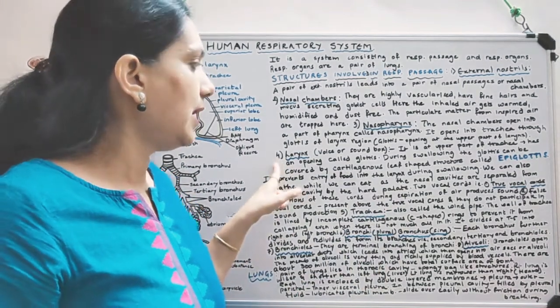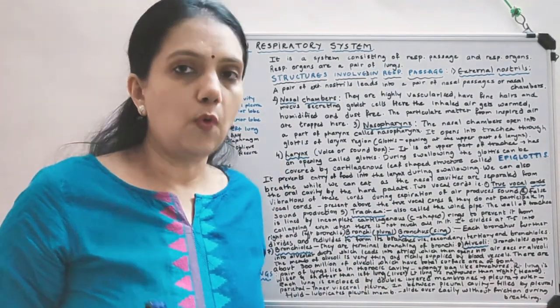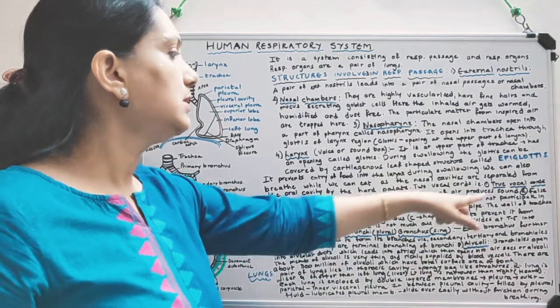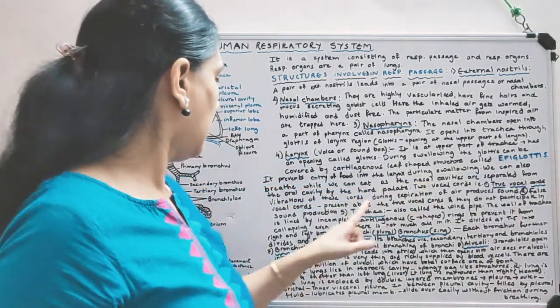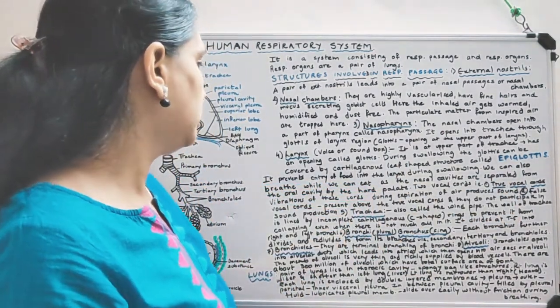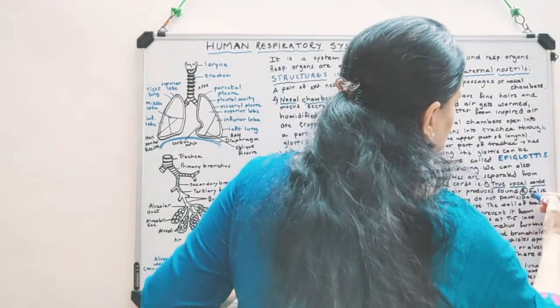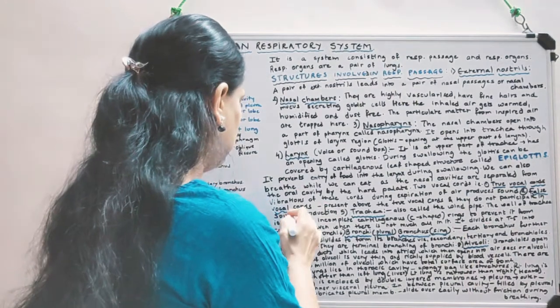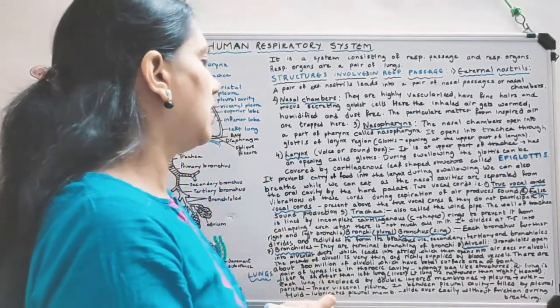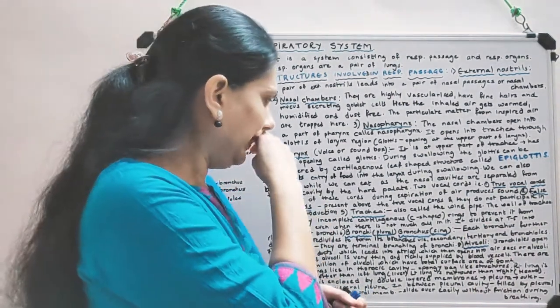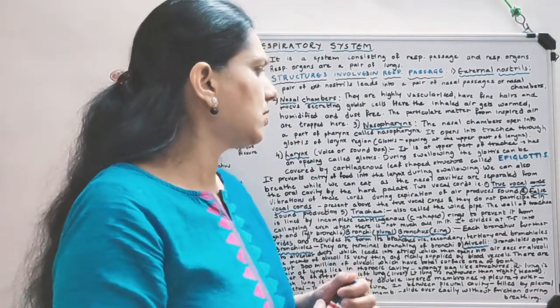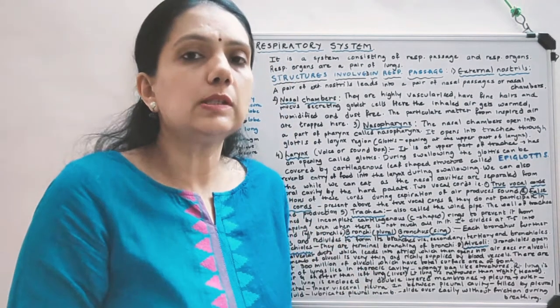Now larynx has two pairs of vocal cords. One is the true vocal cords and another is the false vocal cords. True vocal cords are those which, during expiration of air, produce sound.